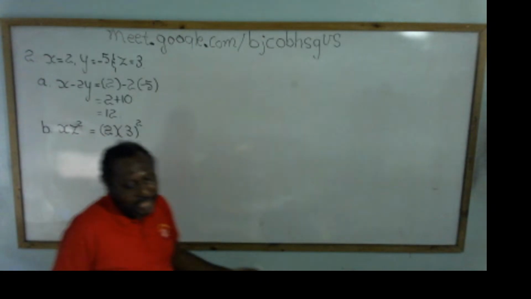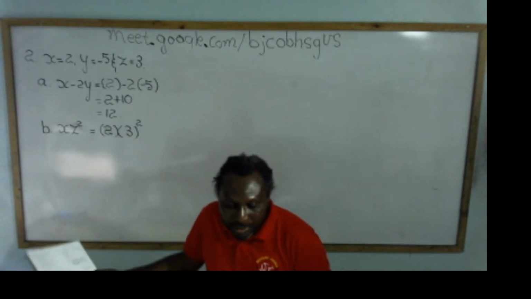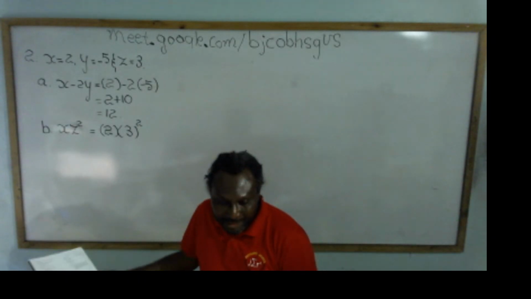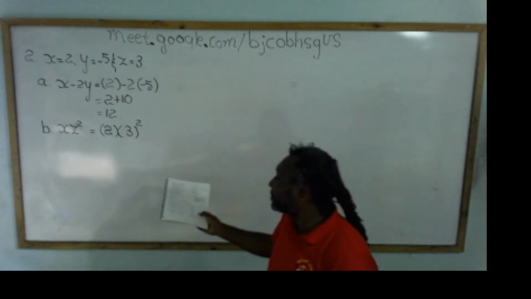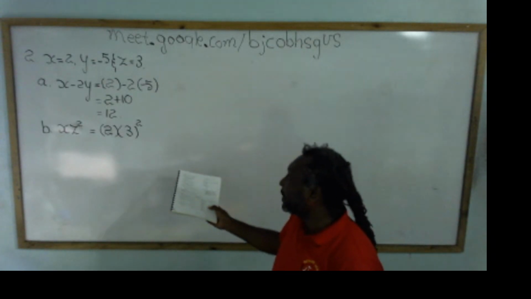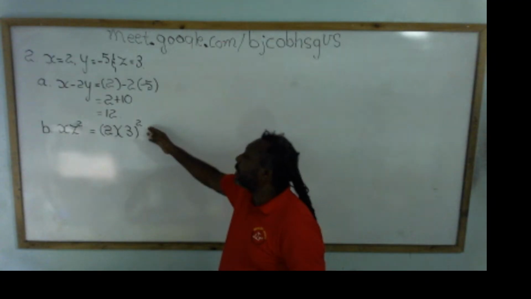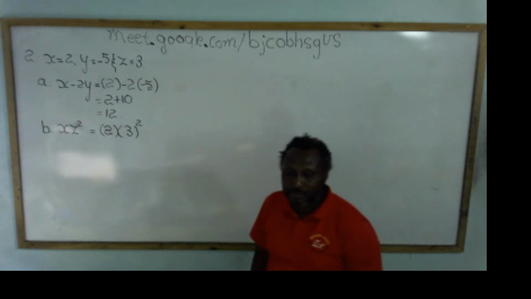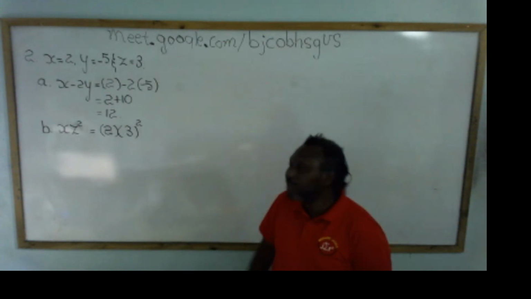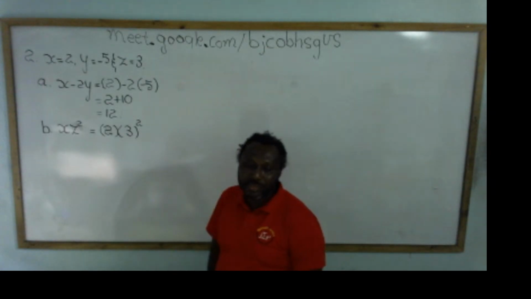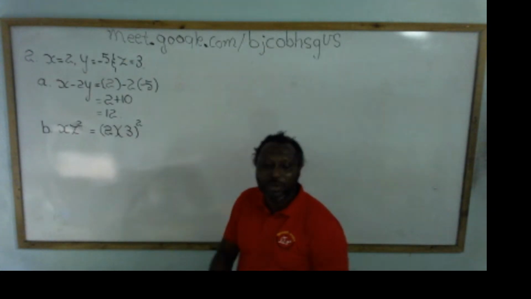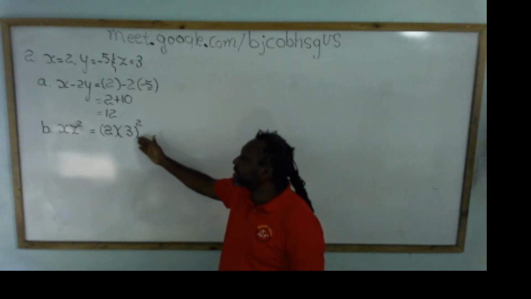Why would they do that? They do that with the intention to determine if you know that you need to square before you multiply by 2. They want to know if you know that, and that is the purpose of this one.